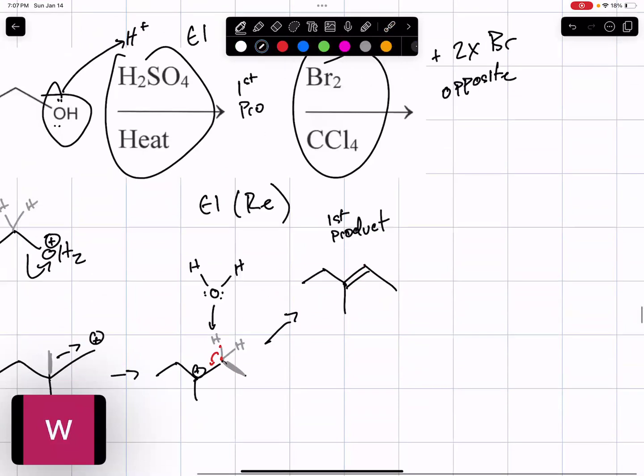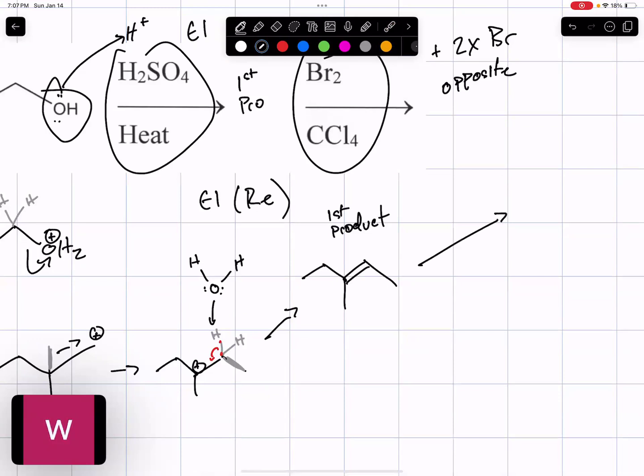So let's draw those. After Br2 and carbon tetrachloride, I'm adding two bromines that are opposite to each other. And I'm going to draw this like this. So let's say this is on dash and this is on wedge.